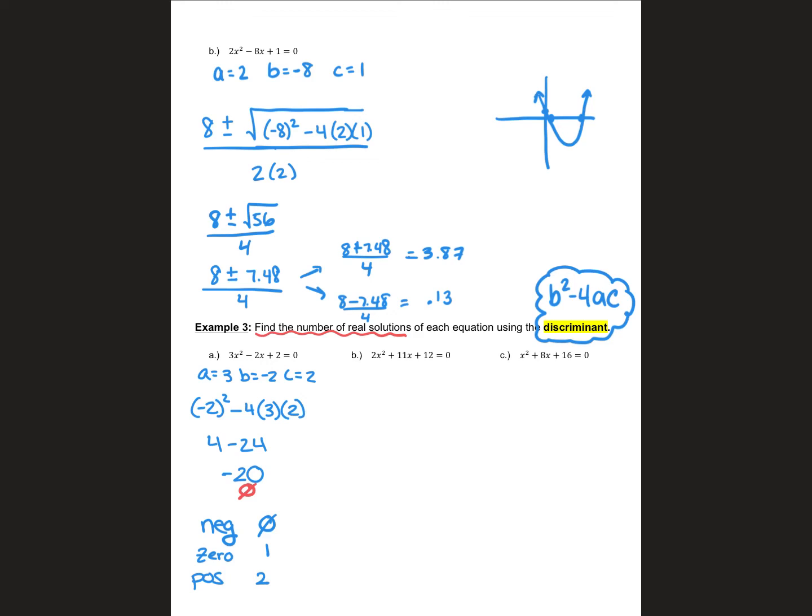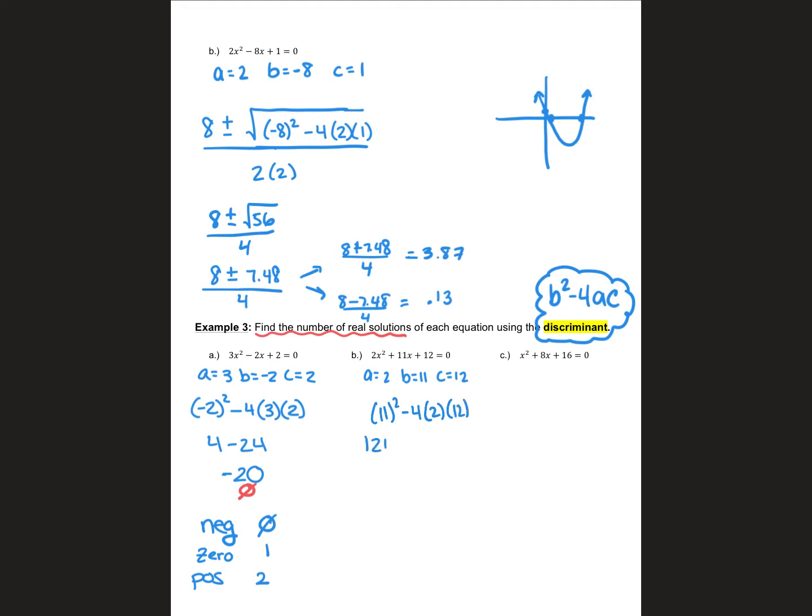Let's go right to example 3b. A is 2, b is 11, c is 12. Negative b plus or minus, oh, sorry, don't do that. It's just b squared minus 4ac. b squared minus 4 times a times c.